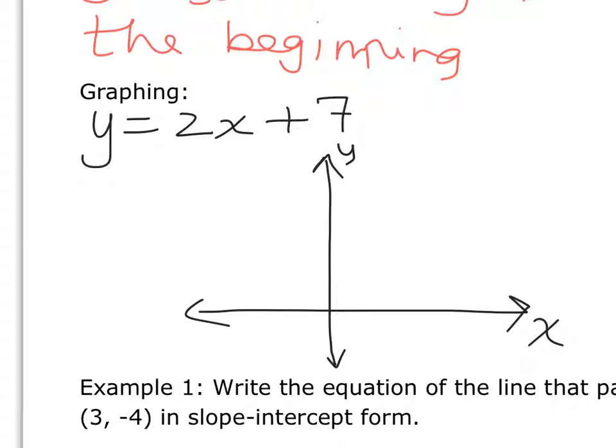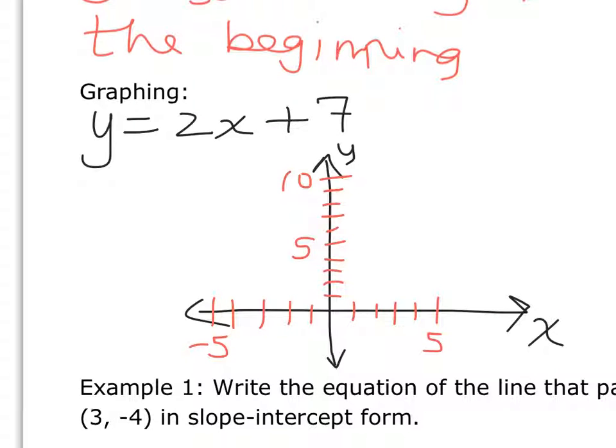So I'm probably not going to need a whole lot of negative values on the y-axis. So if I begin at 7, I'm going to sketch 1, 2, 3, 4, 5, 6, 7, 8, 9, 10. And then 1, 2, 3, 4, negative 5.